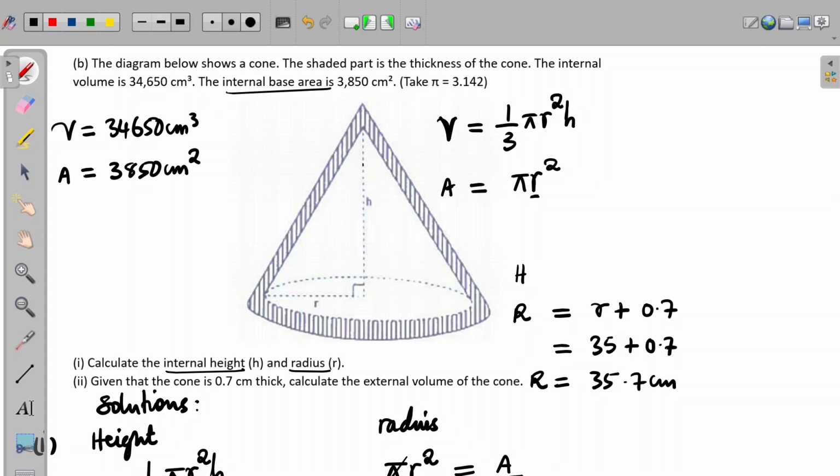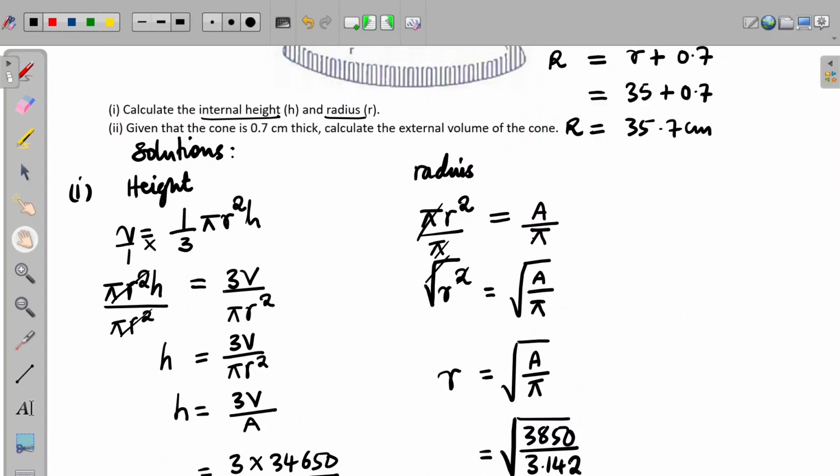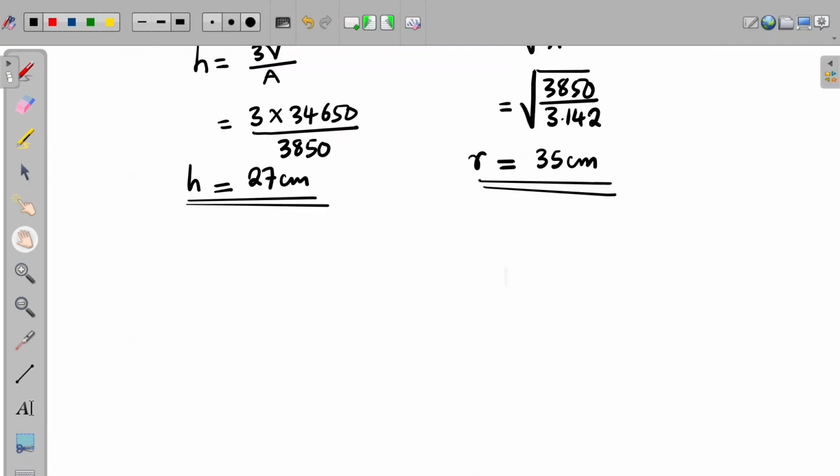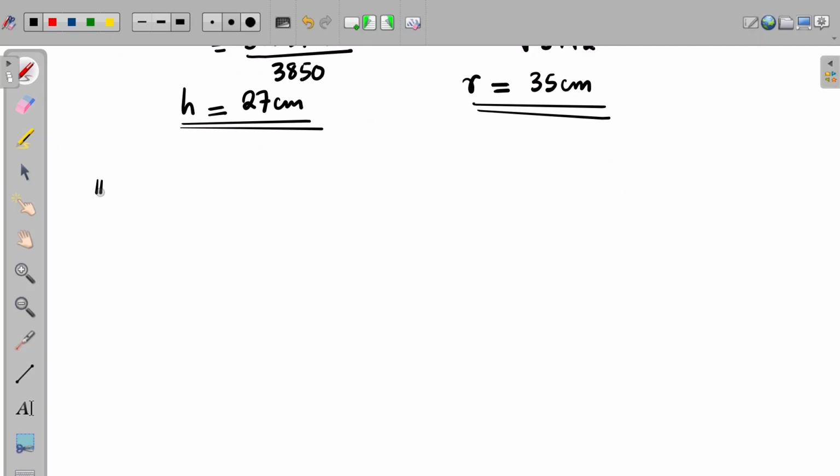So to find the capital H, this is what we are going to do. So radius, remember, it is 35.7. So we are on Roman numeral 2, where we want to find the external volume of the cone that we are given.